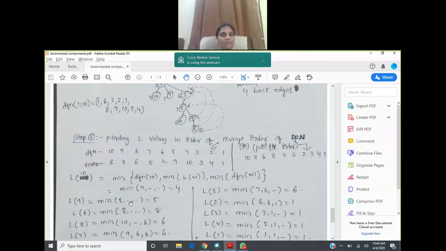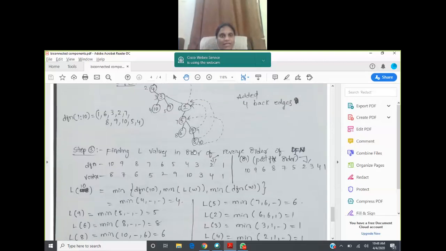Next, finding the L value of 9. Take vertex 9. What is the DFN of 9? DFN of 9 is 5. Is there any child to vertex 9? There is no child to vertex 9, so it is empty. And is there any back edge from vertex 9?